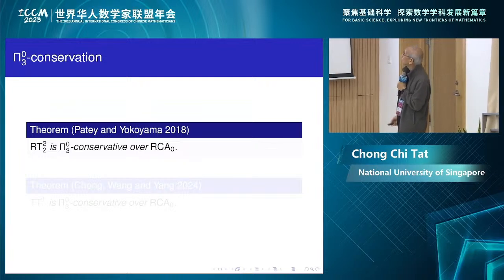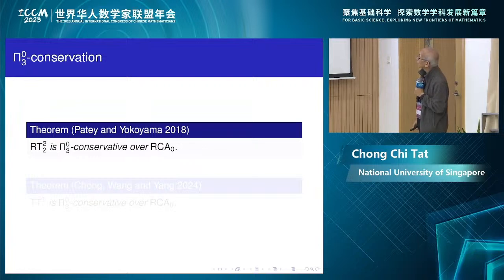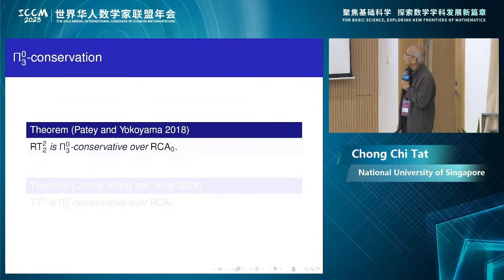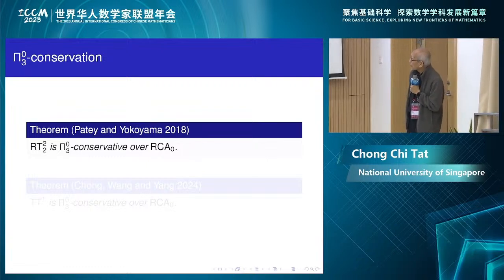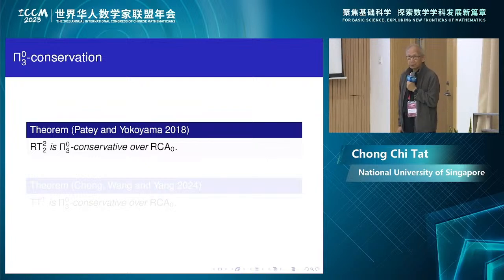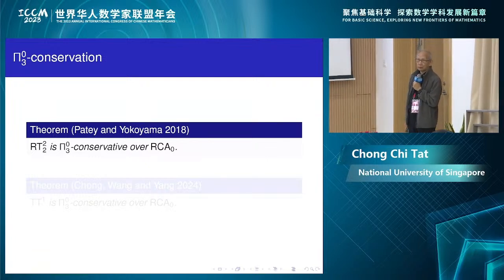So in terms of this notion, the first result concerning conservation was proved by Patey and Yokoyama in a 2018 paper, where they proved that RT22 over the base system RCA0 is what is called Pi03 conservative over RCA0.